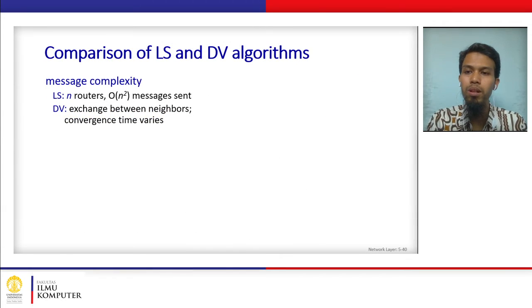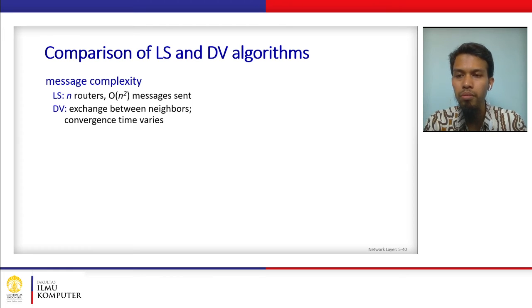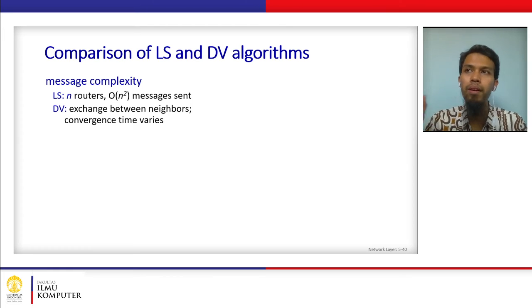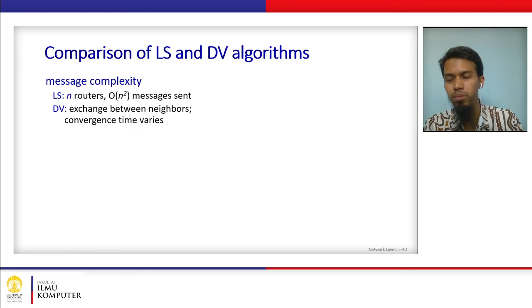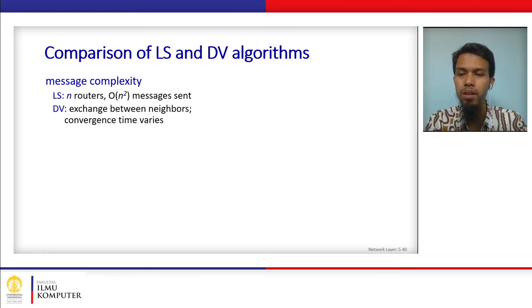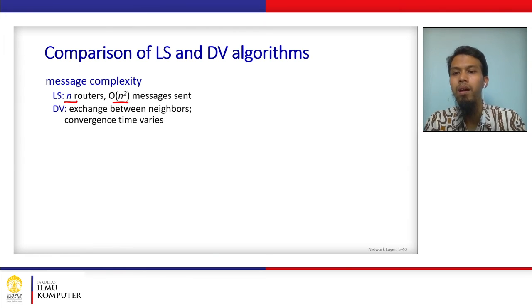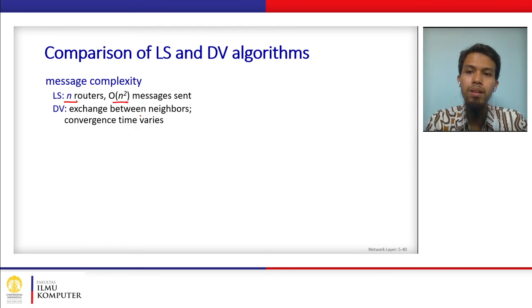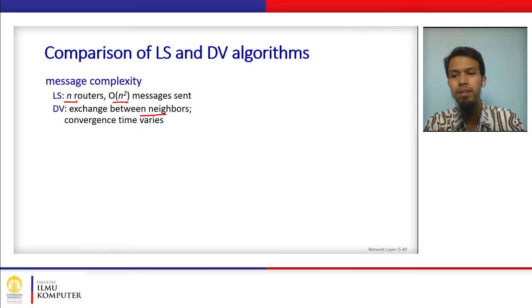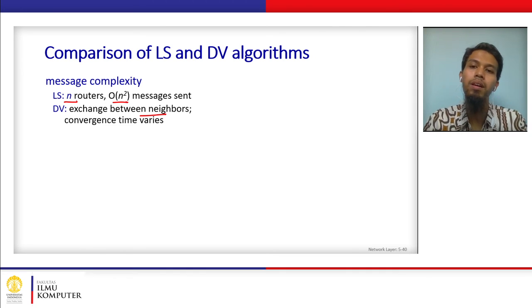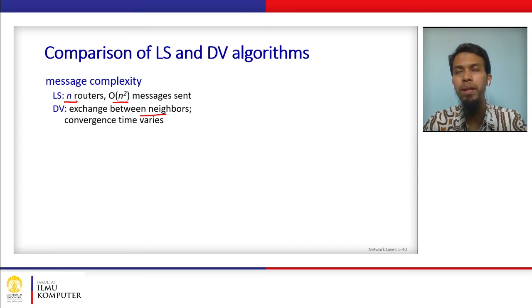Finally, we'll talk about the comparison between link state and distance vector algorithms. In terms of message complexity, as we have discussed in the previous videos about link state algorithms, for n routers it has n squared complexity. For distance vector, it's only an exchange between neighbors, but the convergence time varies depending on the topology.